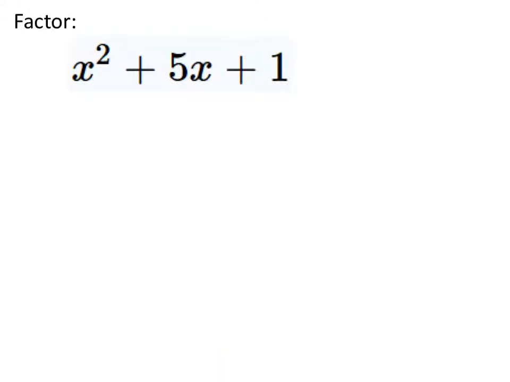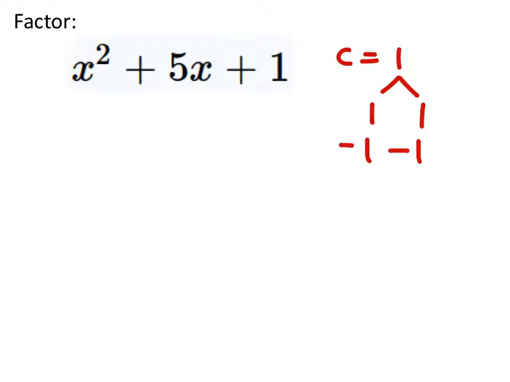You guys look at this one for a second and think about this, right? I mean, what is our C value on this? Well, the C is 1. So I need to break 1 up into two factors that add up to 5. Well, what are factors of 1? 1 and 1, or -1 and -1.